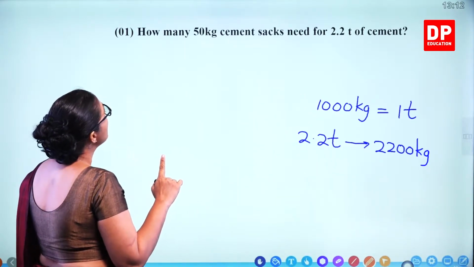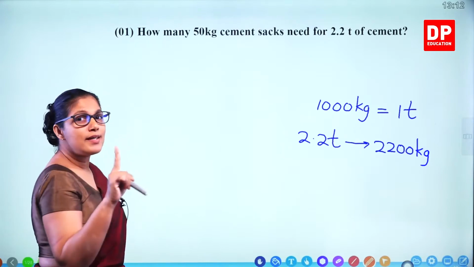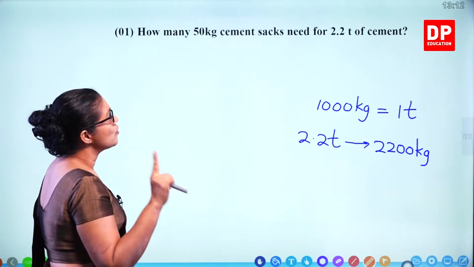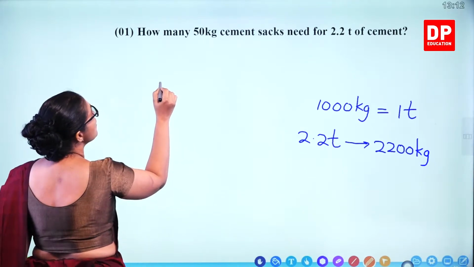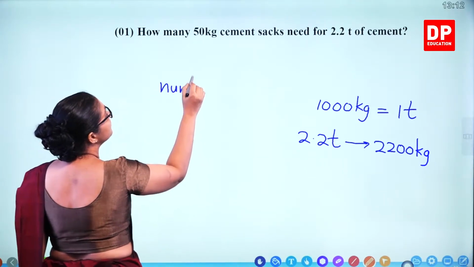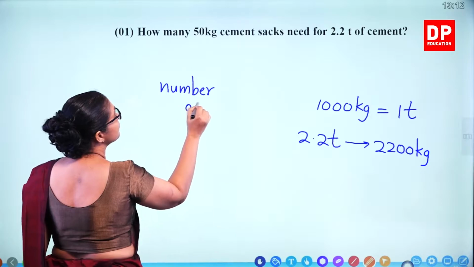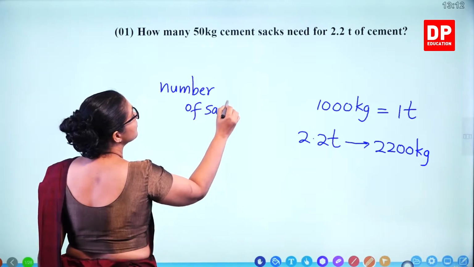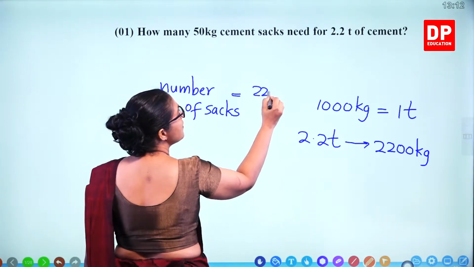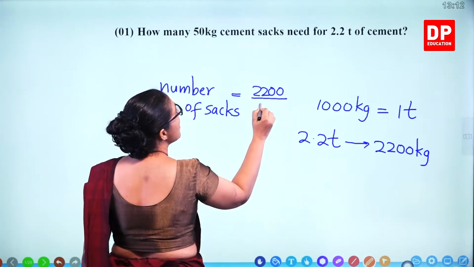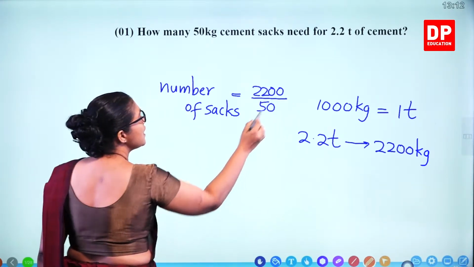50 kilograms is 1 cement sack. So how many sacks are there? 2200 kilograms are there, so divide by 50.